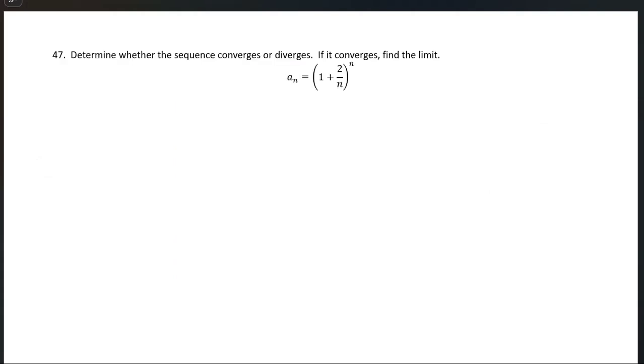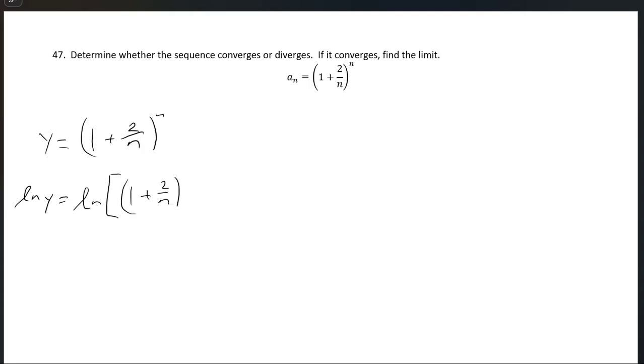What about this guy? This is a 1 to the infinity indeterminate form. So what do we do for this? Remember, we let y be 1 plus 2 over n to the n power, which means that ln of y is ln of 1 plus 2 over n to the n power, which by properties of logs, we can pull that n out in front, so n times ln of 1 plus 2 over n.